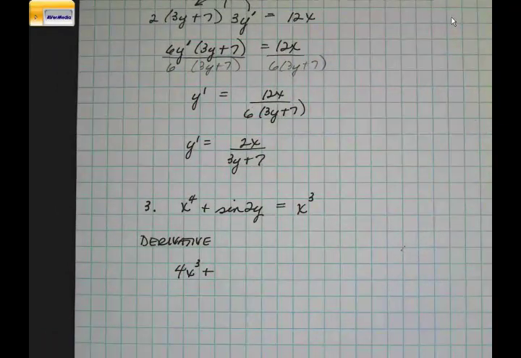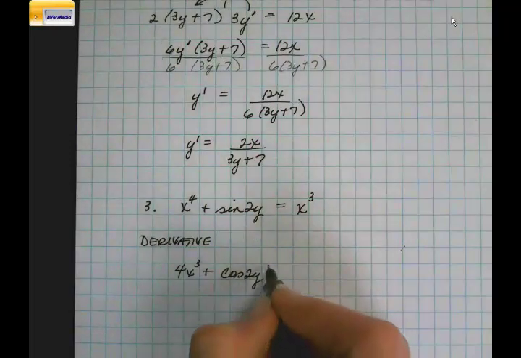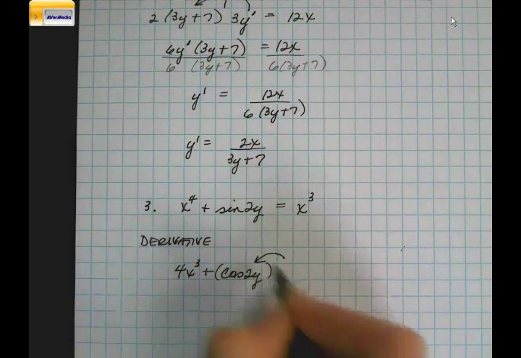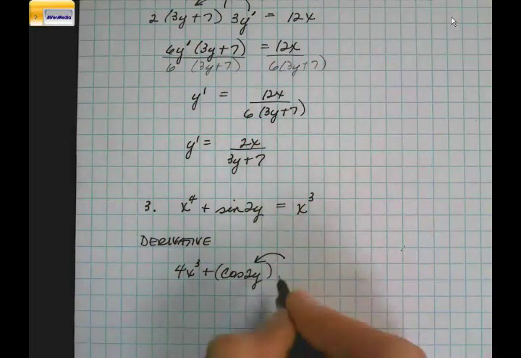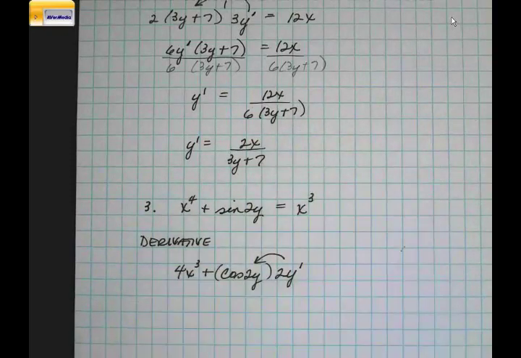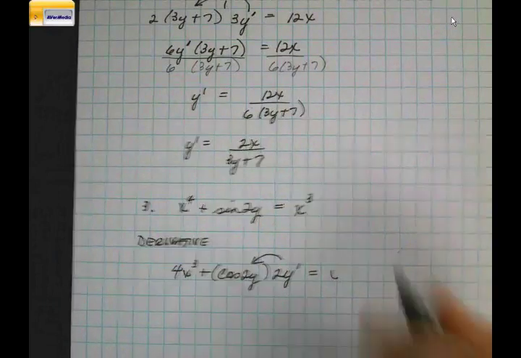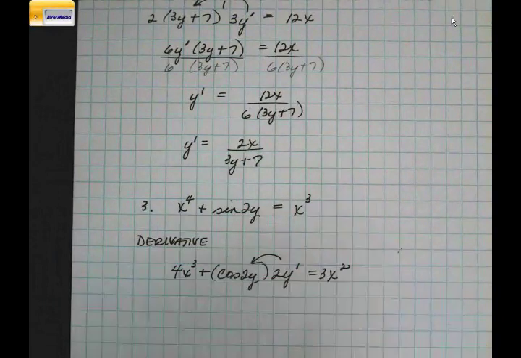The derivative of sine theta is cosine theta, really d theta. So the derivative of sine 2y is cosine 2y times what? The derivative of 2y, which if it were 2x, the derivative is 2, but since it's 2y, it's 2y prime. That is really the chain rule being applied to a trig function. Then on the right side of the equation, the derivative of x cubed is 3x squared.